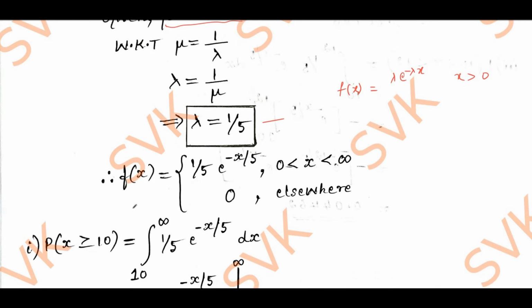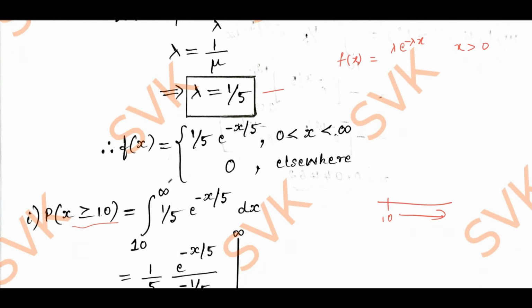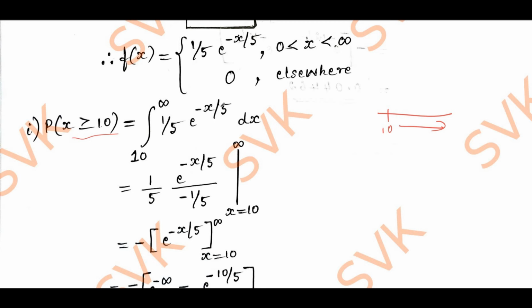Using that formula, we need to find, for the continuous distribution, the probability of x greater than or equal to 10. So it always moves from 10 to infinity. We need to find the integral from 10 to infinity of 1 by 5 times e power minus x by 5 dx. We know the integral of e power ax dx is e power ax divided by a. Here the value of a is minus 1 by 5.